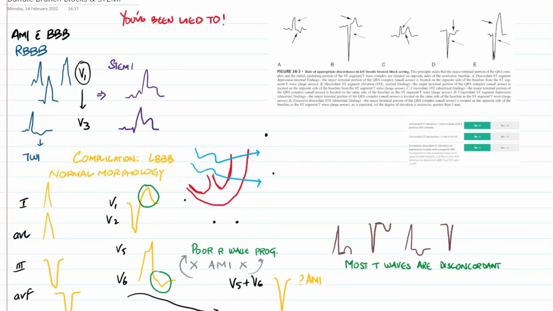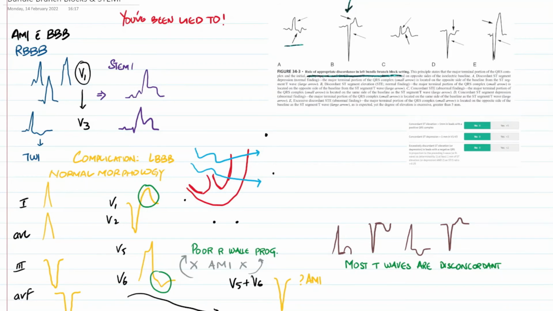If the T wave and the QRS complex are in opposite directions, that is discordance.